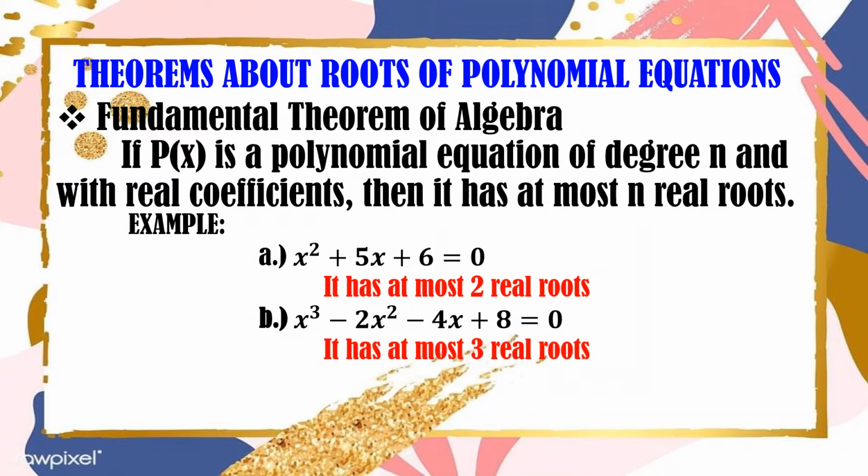It has at most 3 real roots because x cubed has the highest degree of 3. So it means it has at most 3 real roots. And c, x raised to 20 minus 1 equals 0, meaning it has at most 20 real roots.